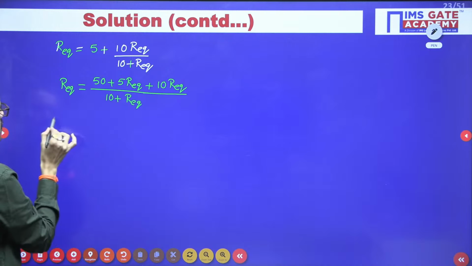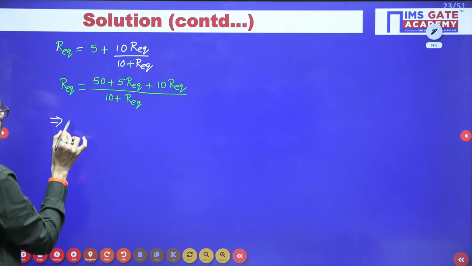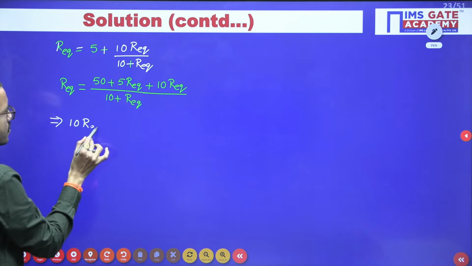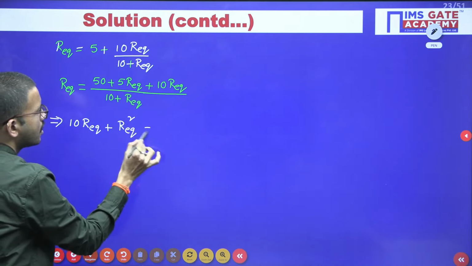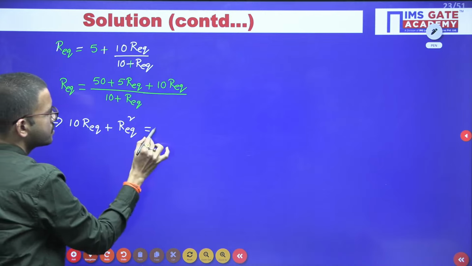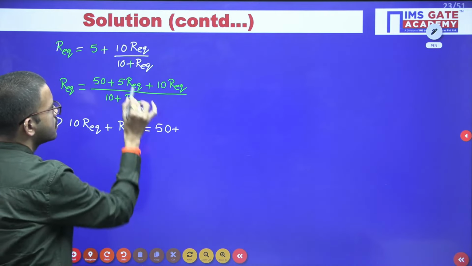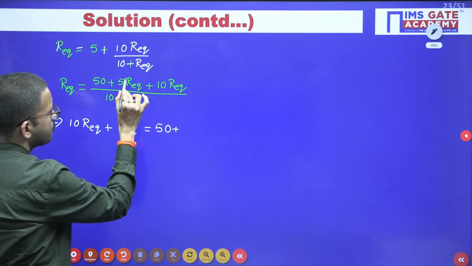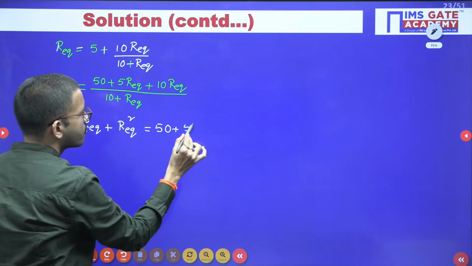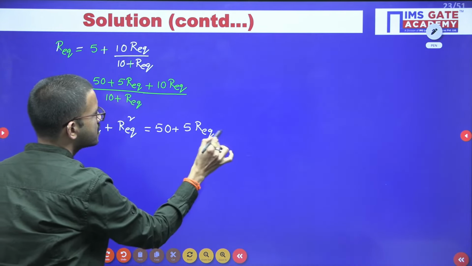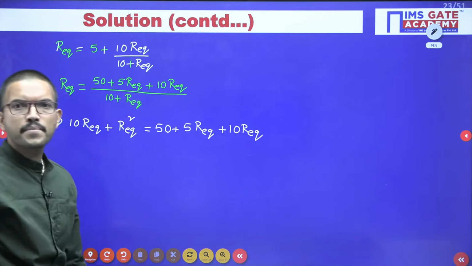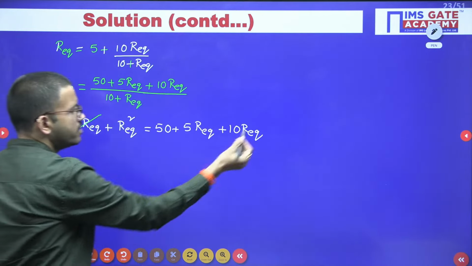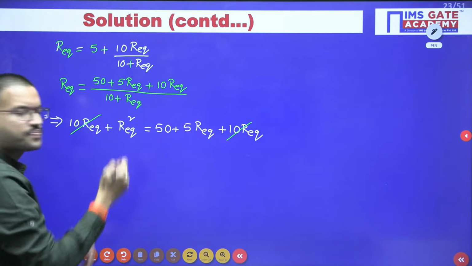Now you can do the cross multiplication. 10 times R equivalent plus R equivalent square. On right hand side you are having 50 plus, okay, I am keeping as it is, 5 times R equivalent plus 10 times R equivalent, right? 10 times R equivalent will get cancelled on both the sides, right?